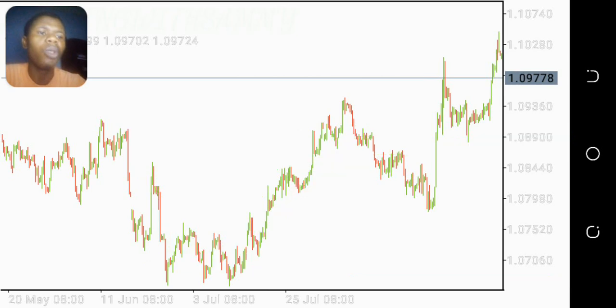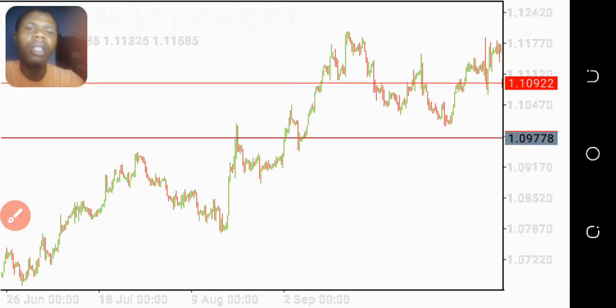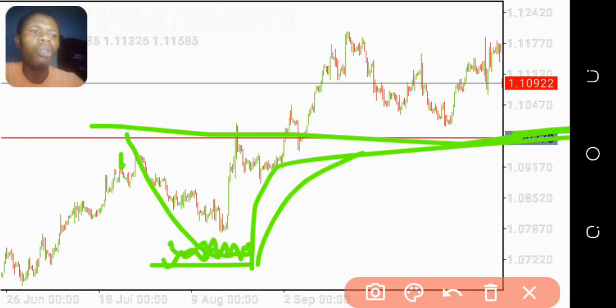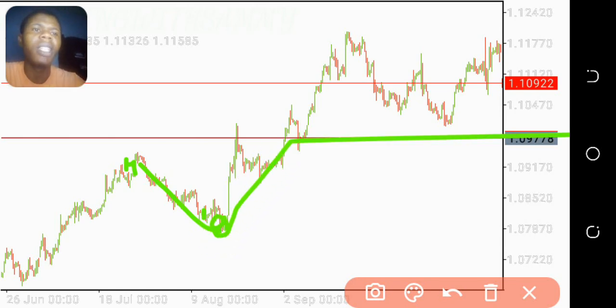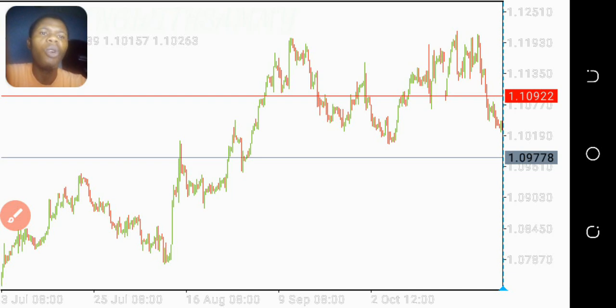Here was a distribution phase, declining stage, accumulation, and then back to advancing again. Okay, so can we see that all we are doing in the market is just moving in these four stages? These four stages, that's all we do.